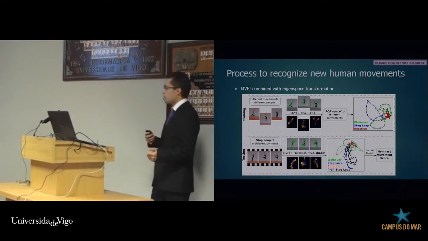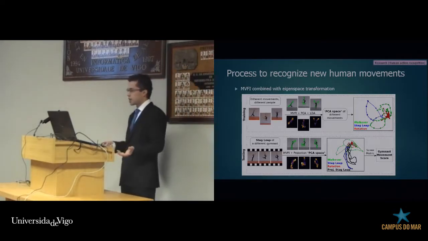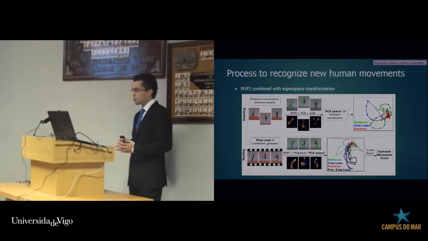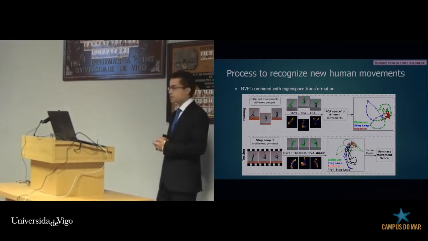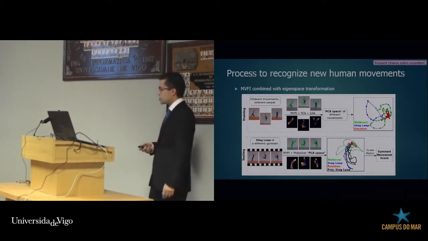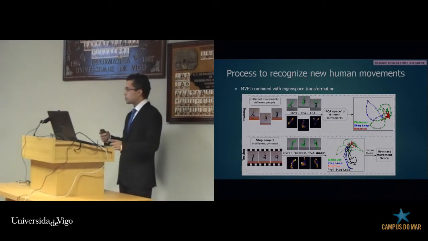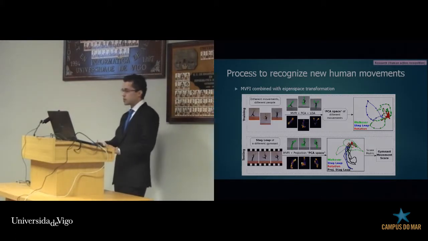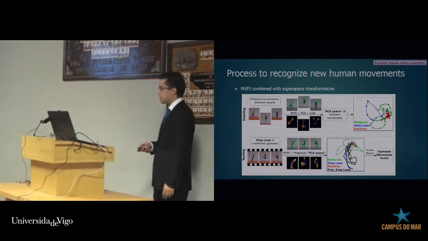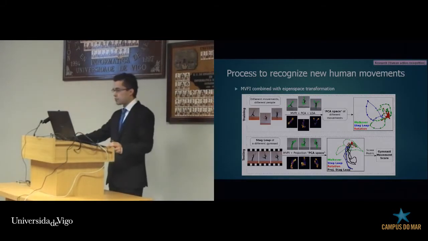So how can we classify these human actions? For that, first we have to do a training. We use dimensionality reduction techniques like PCA, principal component analysis, and we create this new space. So for example, here we have three different actions that we want to train, and we create this space.